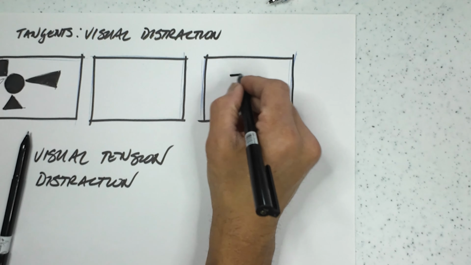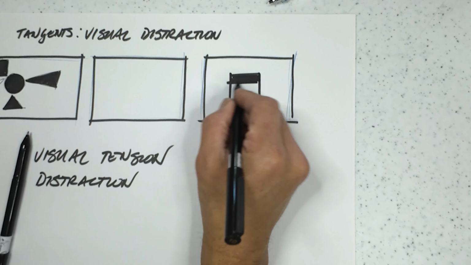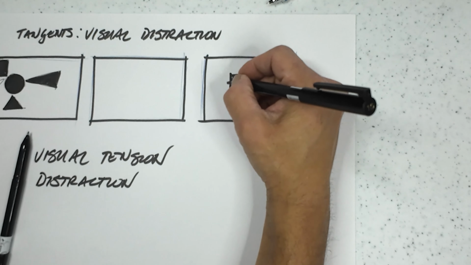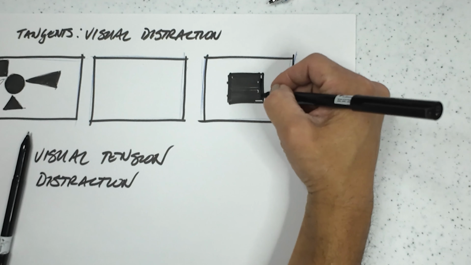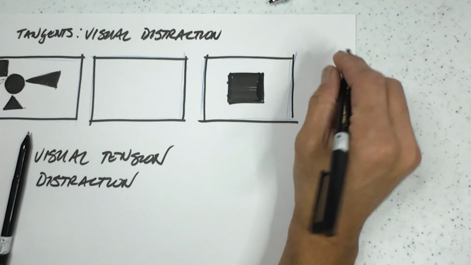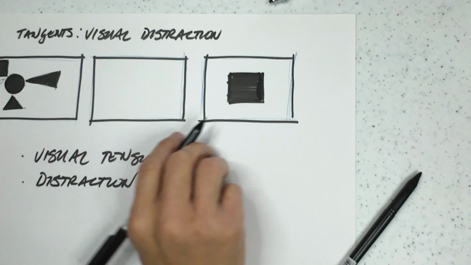This is going to be an easy way to think about negative space. Okay, so we have this square or rectangle. Now it's a rectangle. So this rectangle is taking up positive space within a picture plane.